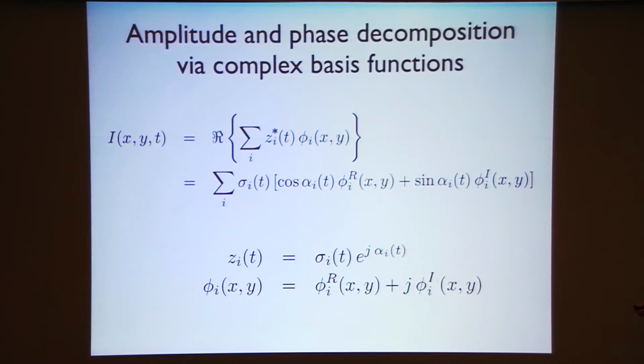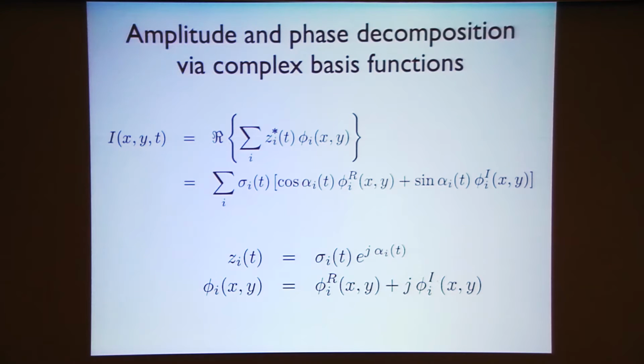So you have a common amplitude variable sigma i, which is multiplying each of these basis functions. And then the phase here essentially acts as an interpolating variable. It's telling you the relative contribution of the real part as opposed to the imaginary part.